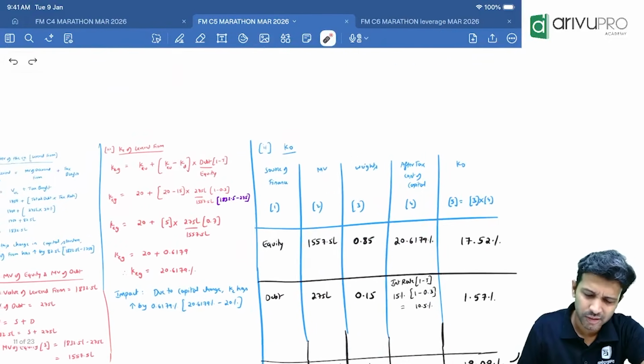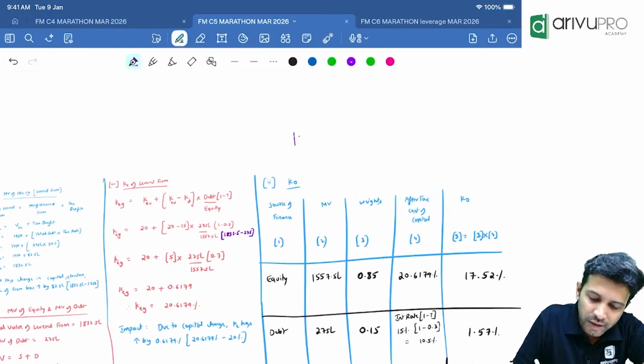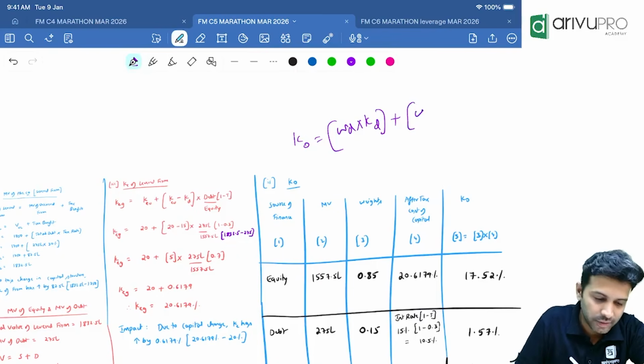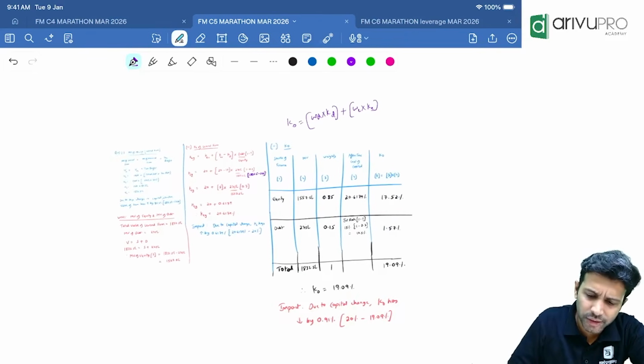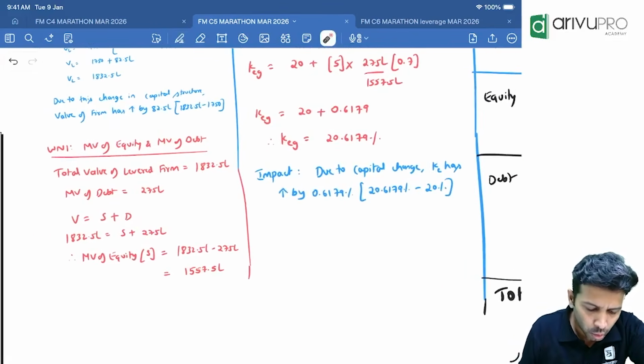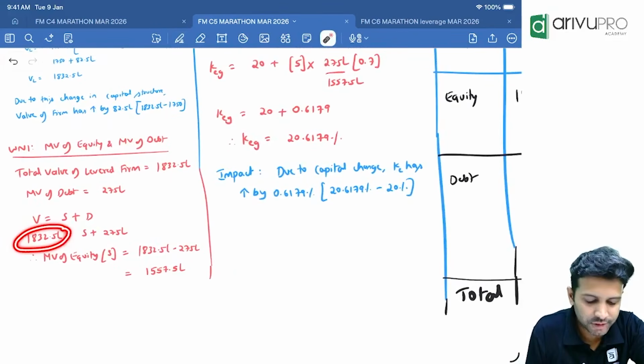What is that one-liner formula? KO is equal to weight of debt multiplied by cost of debt plus weight of equity multiplied by cost of equity. Now, how do you calculate the weight? That is also very straightforward. Total market value is 1832.5. Out of this, the market value of debt is 275.